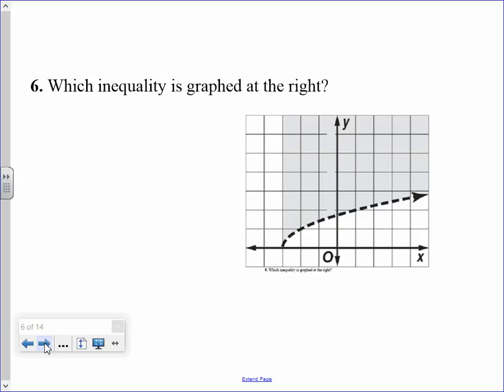We have a 1, if this was 0, that would be 1, 1, that would be 4, 2, and so it hasn't grown or been stretched any. So all we have is a square root of x, and if we shift it over 3, what do you put? Good, plus 3. We didn't go up or down, so we're not going to have anything out here.